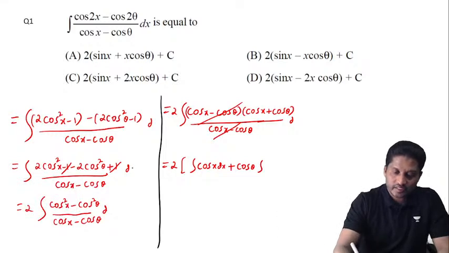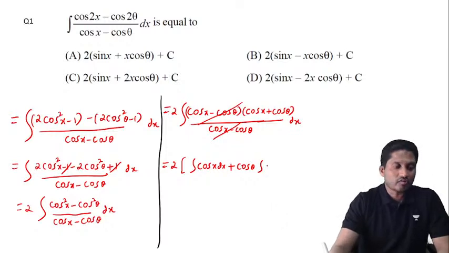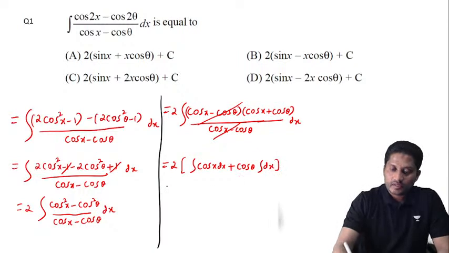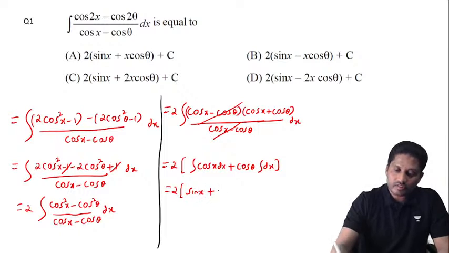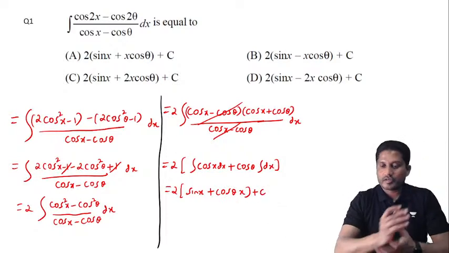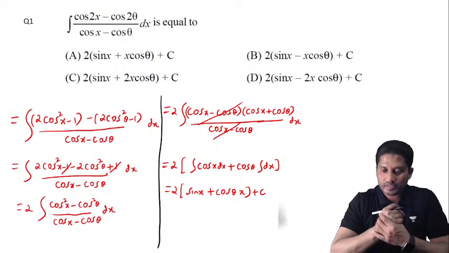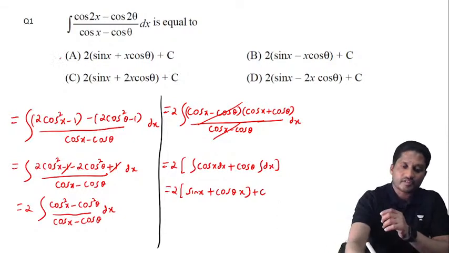Theta is a constant. Now 2 into a bracket, integration of cos x is sin x, right? Plus cos theta, and integration of dx is x, plus c. So you get 2 into a bracket sin x plus x cos theta plus c, first option only.